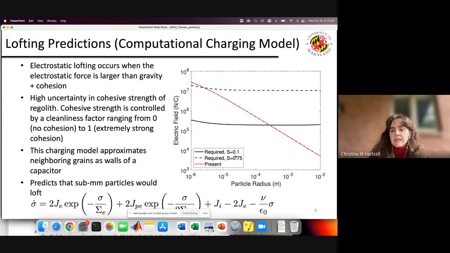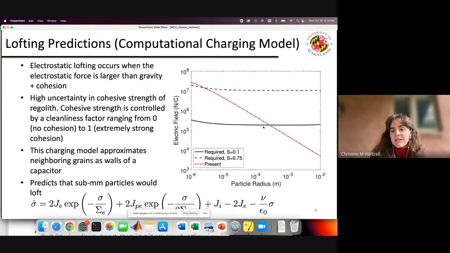The black line and the blue line indicate the electric field that you need for two different levels of cohesion. One is a weak cohesion, and one is a strong cohesion. We think that cohesion in Bennu's regolith is actually pretty weak, so we're going to focus on the black line. The red line is the electric field that we believe to be present between two neighboring particles.